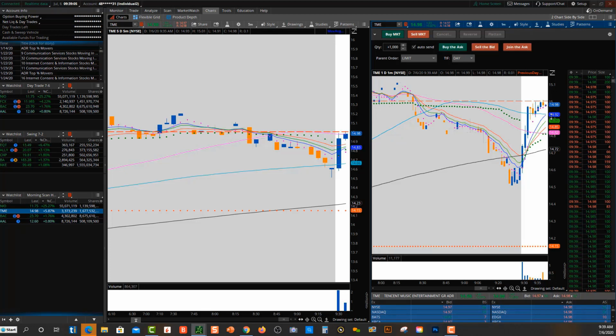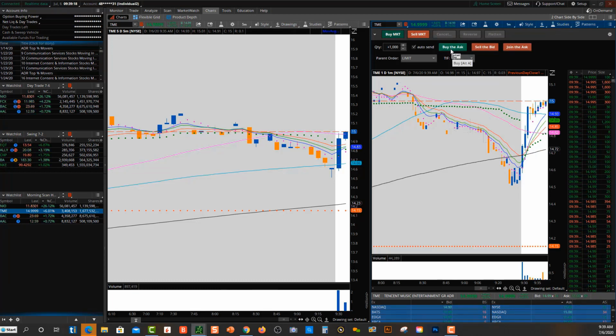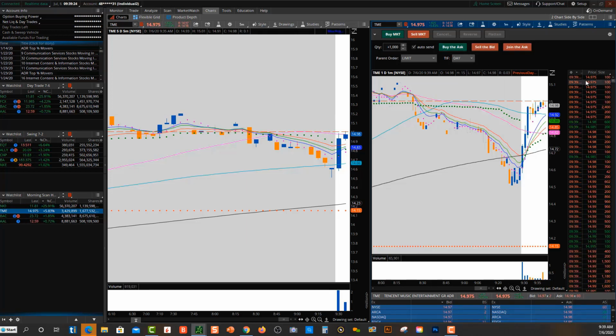It's a little bit overextended on the 1 minute. So I'm going to let this 5-minute candle complete and then see if price can get above 15 and see if buyers will come in at 15.01 here. Another 40 seconds or so. Looking for buyers to come in at that 15.01. You see that possible reversal spinning top candle there.